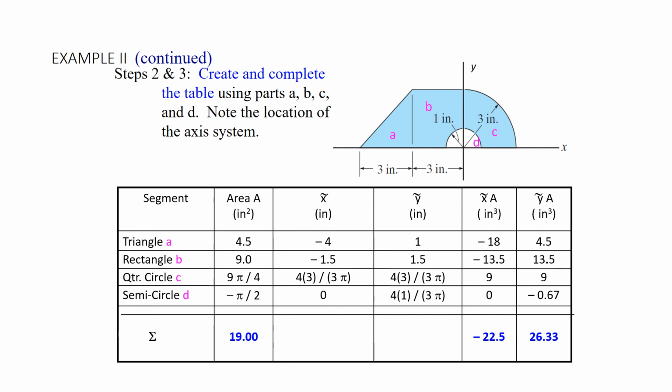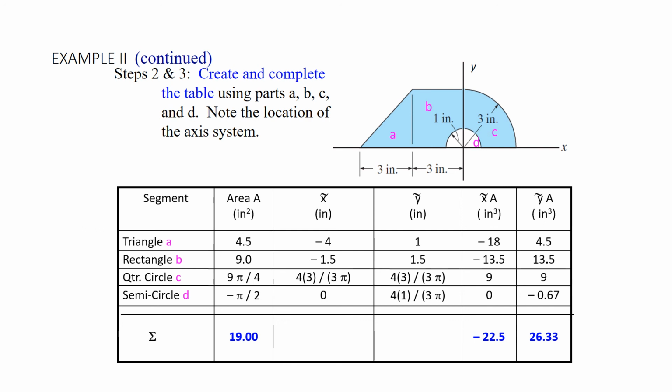As for the centroid of D, the x tilde, I would like you to be able to recognize, lies along the axis of it. The y-axis is actually a line of symmetry for the semicircle, so that's why we have x tilde being equal to 0. I would not expect you to know how to calculate the centroid of a semicircle or a quarter circle, but with the formula you would be able to find those.